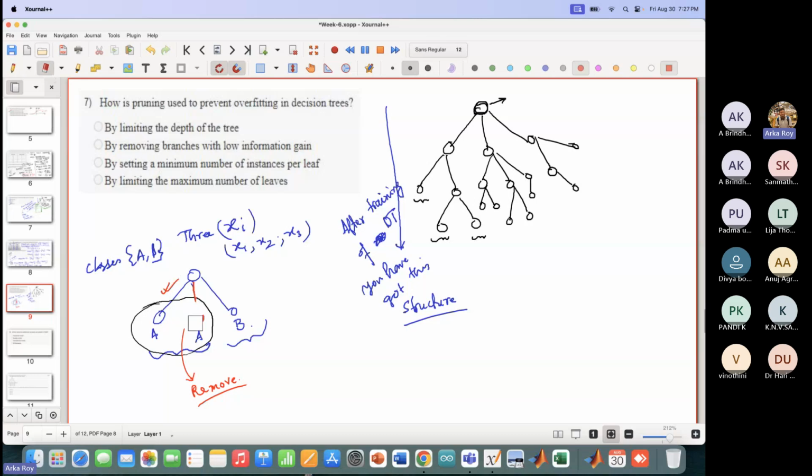What pruning will do is remove this particular classification node from the decision tree, so that your decision tree will be less complex.